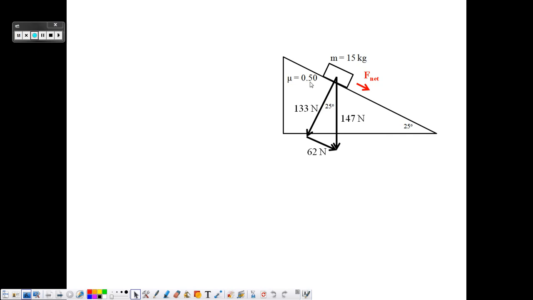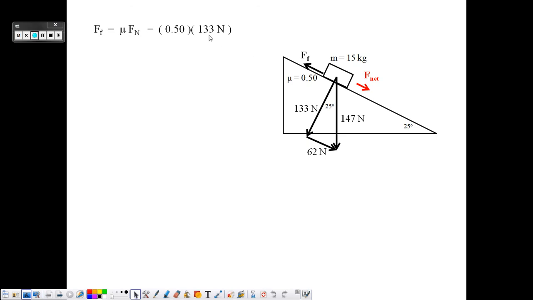Now, there's a coefficient of friction here, so I know that there's a force of friction. I have a 62 newton force pushing it down the plane. Is that enough to overcome friction? To find out, we need to find the force of friction, which we can do by mu times the normal force, which is now force perpendicular.